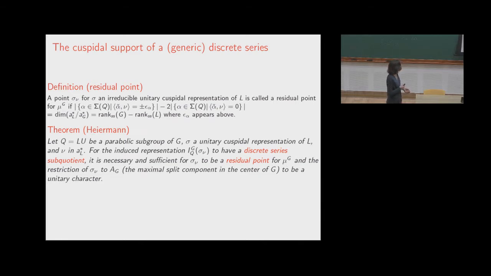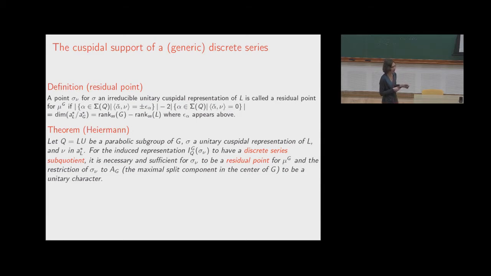You fix an irreducible unitary cuspidal representation, and you look at this nu. If the number of poles minus twice the number of zeros of the mu function for this particular nu is equal to the dimension, then... Let us assume G is semisimple. You are just looking at the dimension of A_L, which is equal to the cardinal of Delta minus Theta.